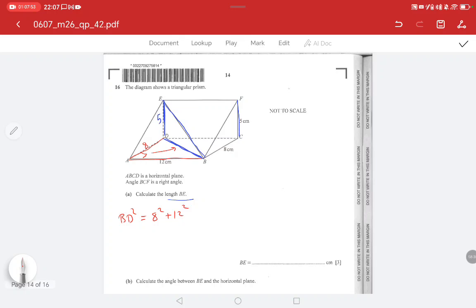Now let's calculate 64 plus 144. So BD equals the square root of 208.